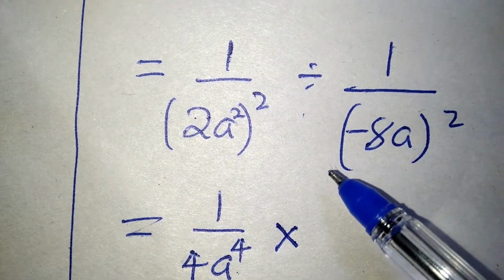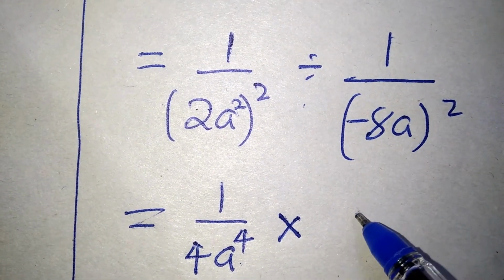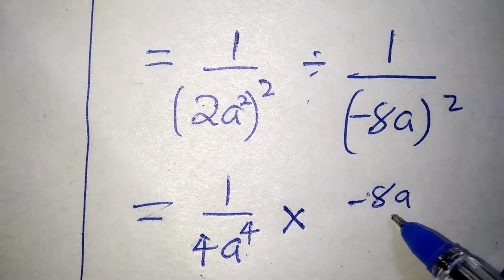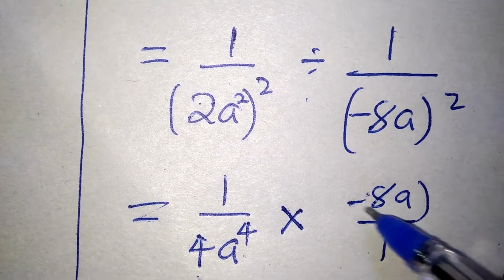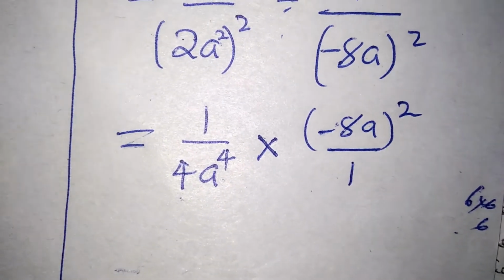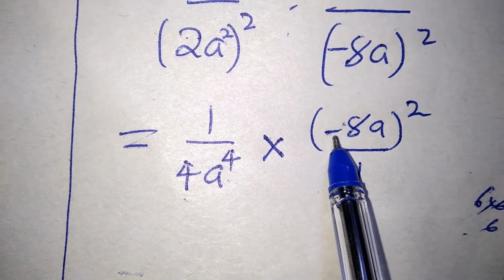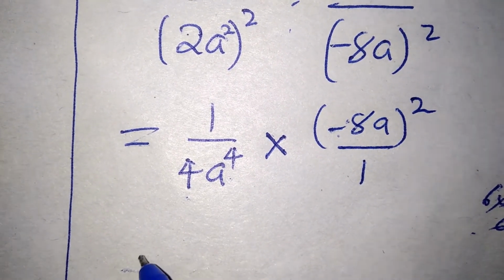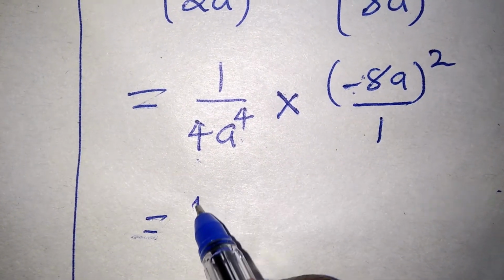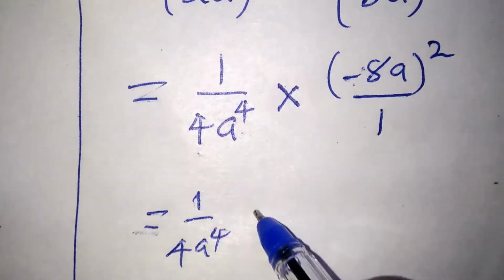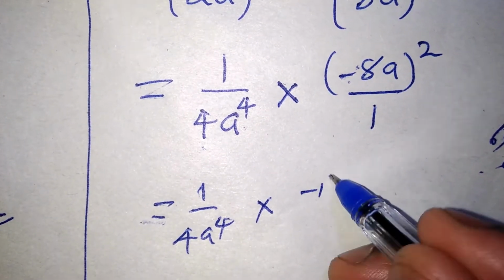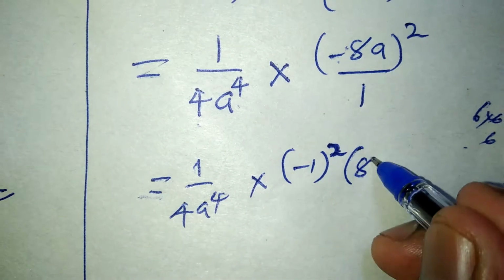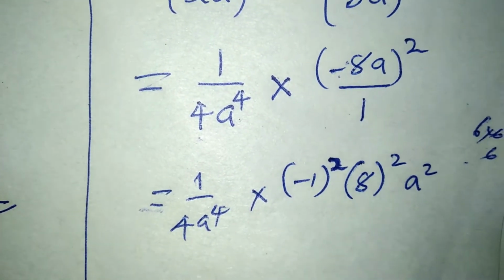This becomes negative 8a squared basically over 1. Now if you open the bracket, negative squared becomes positive. Maybe I can just write that 1 over 4a raised to 4 times negative 1 squared, then 8 squared, then a squared.